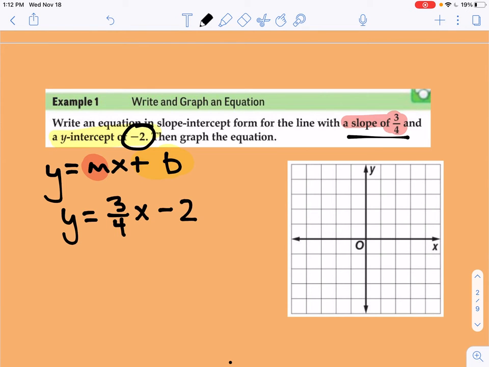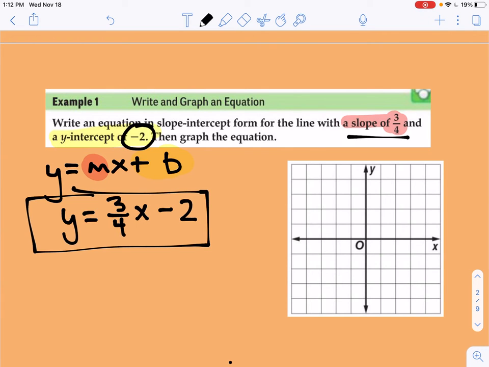You could put plus -2 if you wanted, but just put -2. It's tidier and easier to deal with. This gives me some information I can use to read it. If they just gave me this equation, I could use it to plot the graph, and I'll show you how to do that right now.